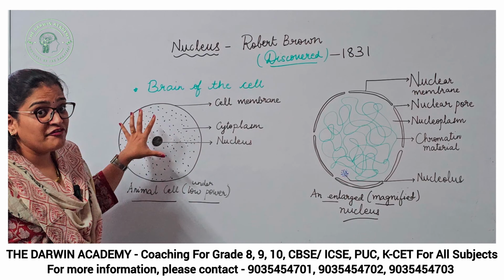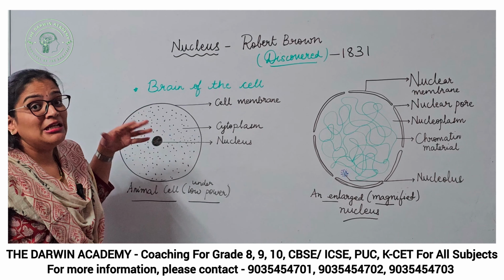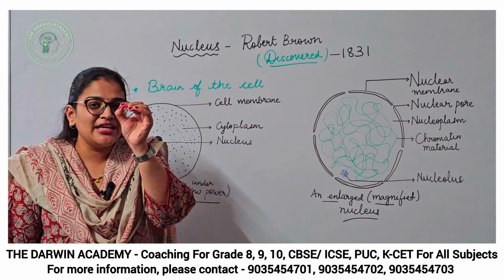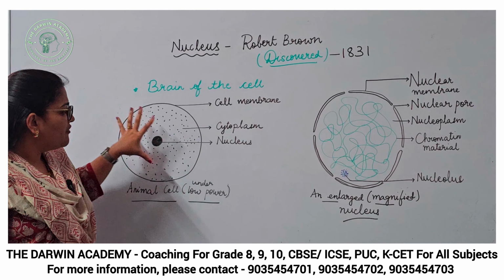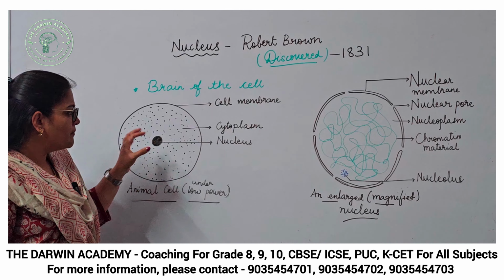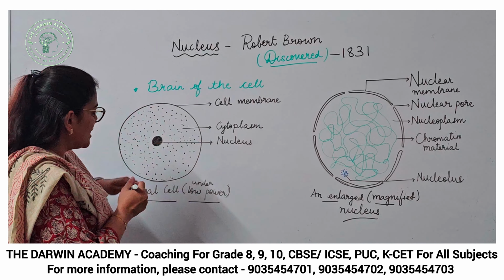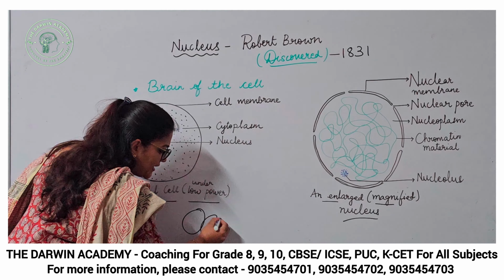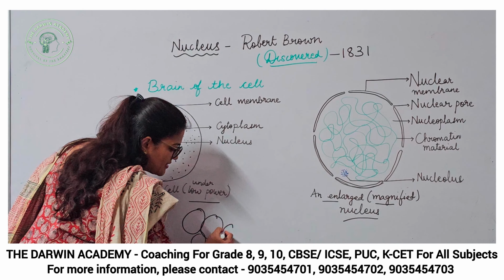Remember, I have magnified the image here millions of times. Cells are very, very tiny. If I observe that cheek tissue under the microscope, I'll be seeing many such cells one beside the other like this.